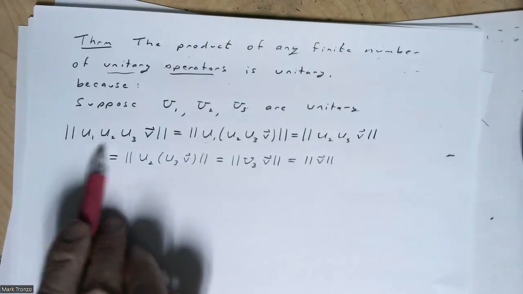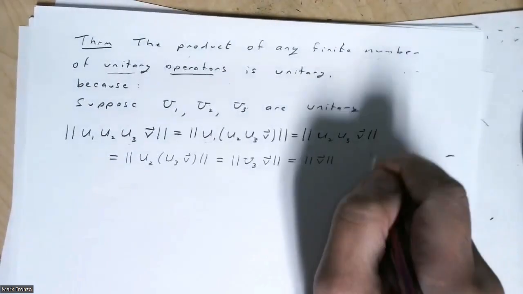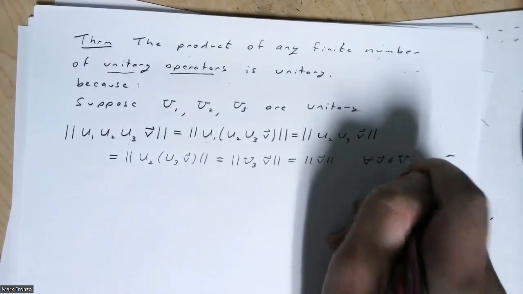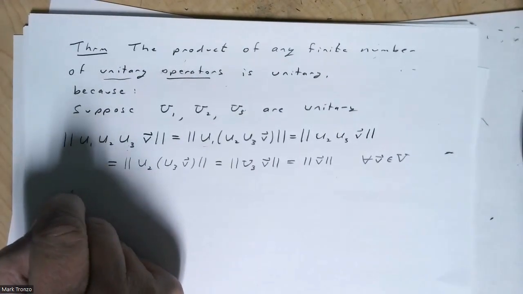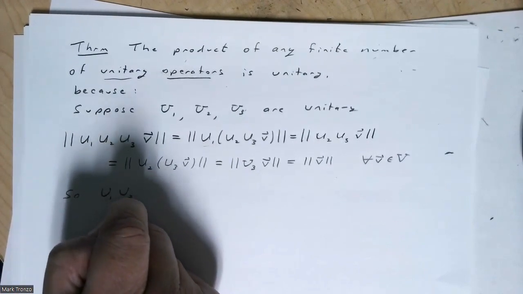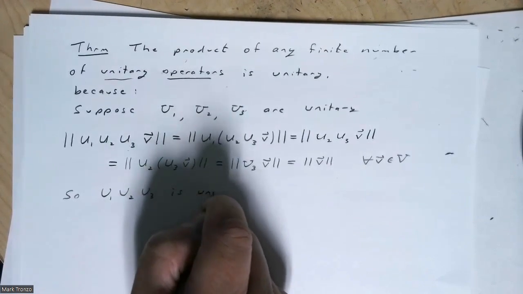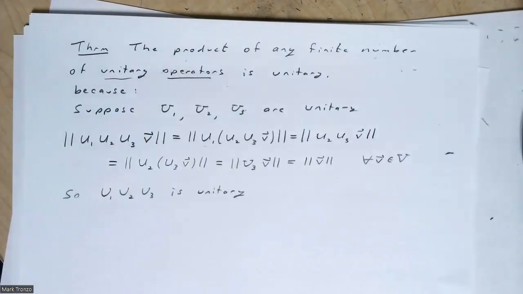So you have that this is equal to this for all v in your vector space. So U1, U2, U3 is unitary. Because once again, if we prove that it preserves norms, all those other properties are preserved.